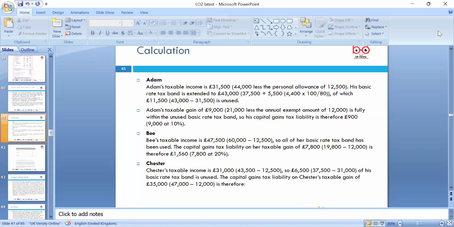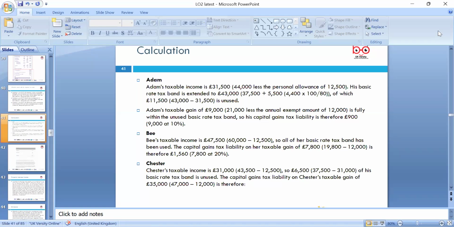Yes, so we can gross up these, and then of course any losses or things, we can look at those, and then 11,500. So 43,000 minus 31,500, that was the unused income. So Adam's capital gain of 21,000 less annual exempt amount of 12,000, 9,000, is fully within the unused basic rate band.